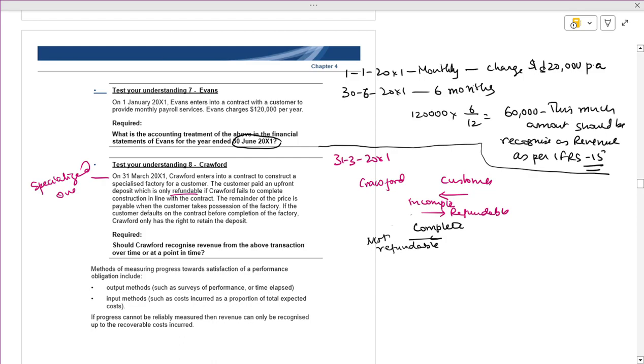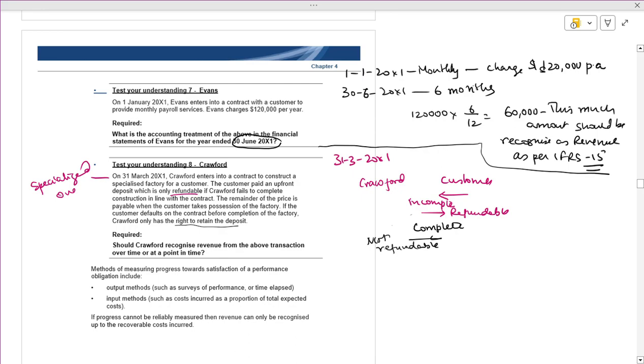If the remainder of the price is payable when the customer takes possession of the factory. If the customer defaults on the contract before the completion of the factory, Crawford only has the right to retain the deposit. What will happen if the customer is defaulting? The thing is, it has the advantage on both sides.